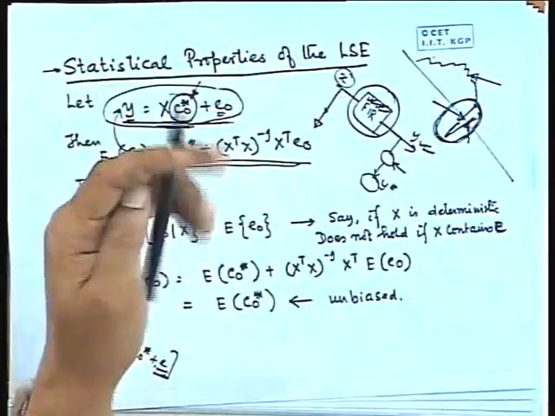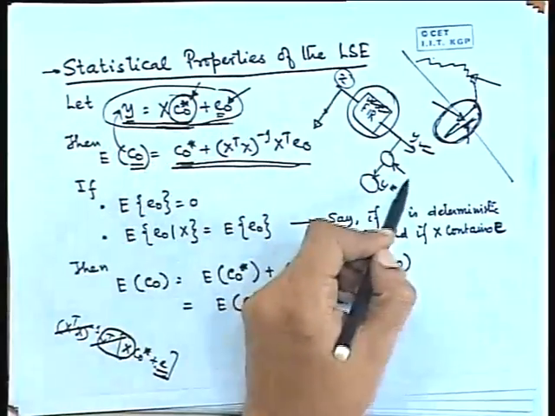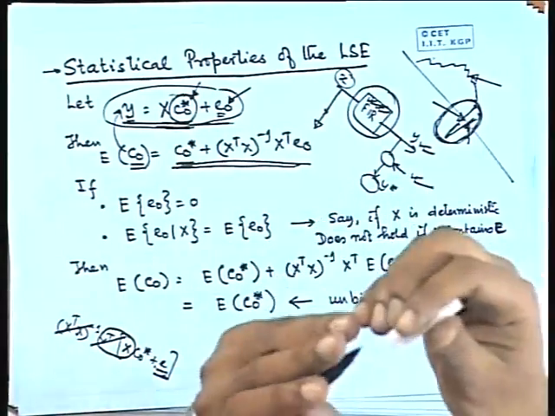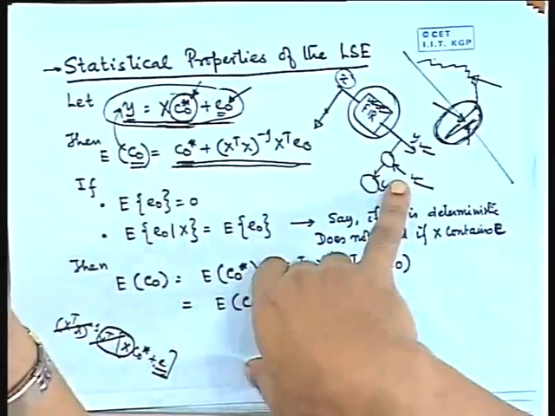We are assuming that this E is random because it's noise. So we are now taking the expectation. Whenever you take expectation, you have to know over what. So we are taking this expectation over all possible E's.